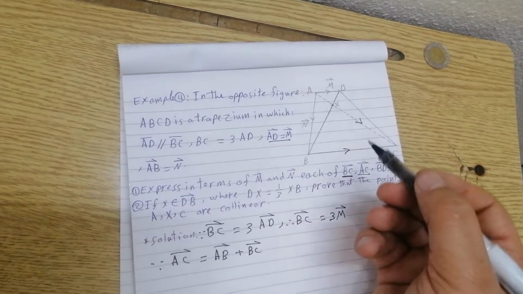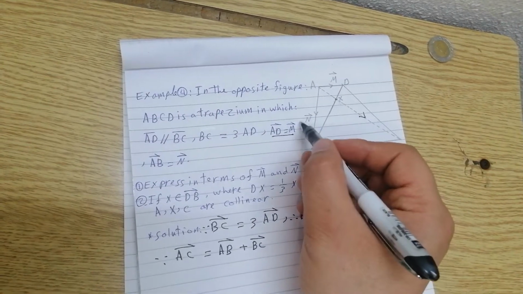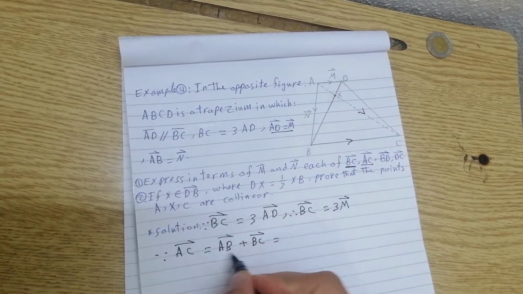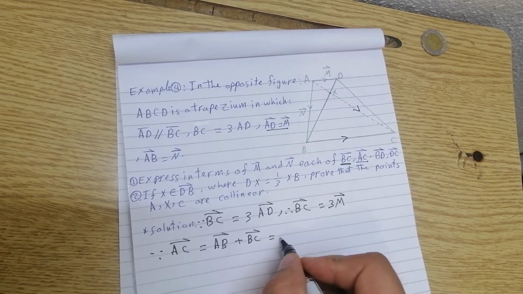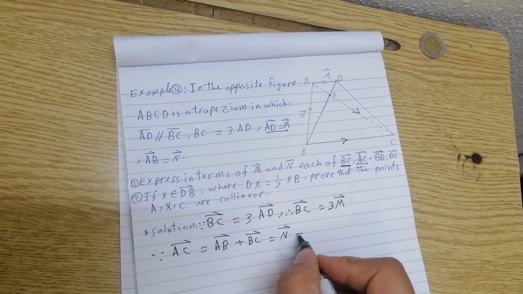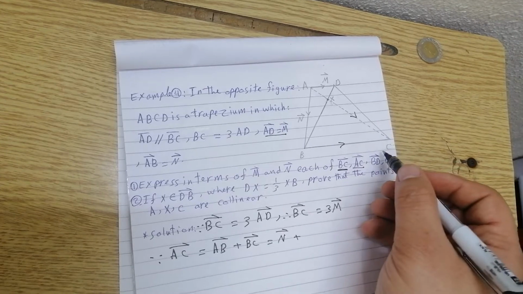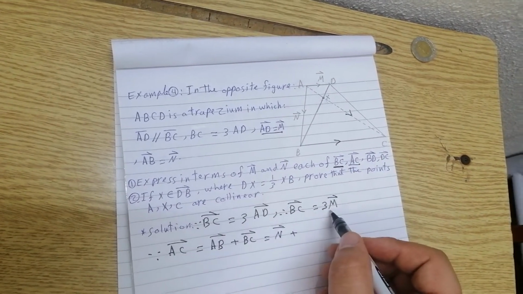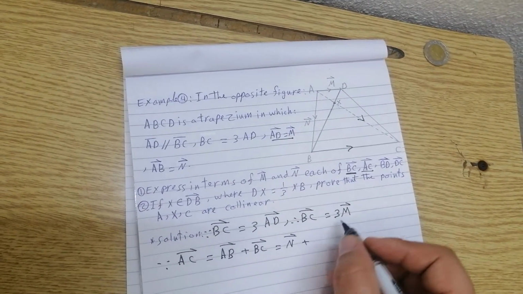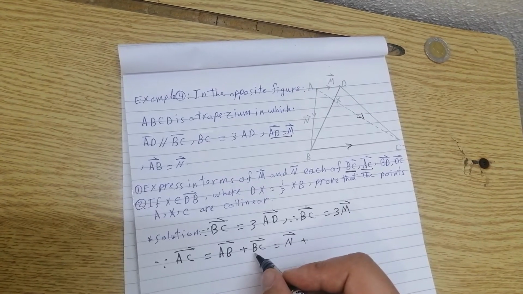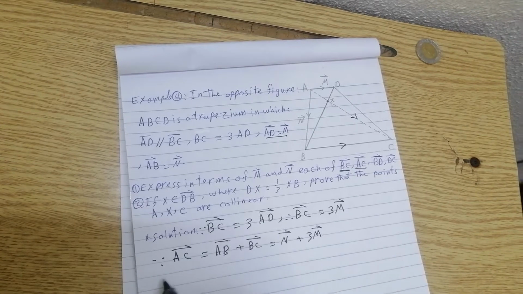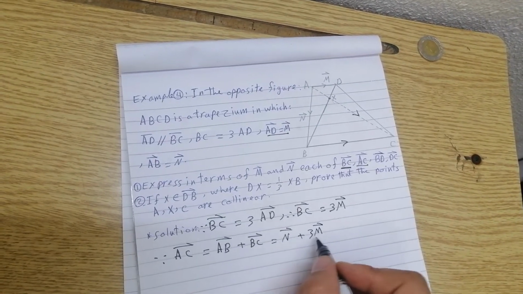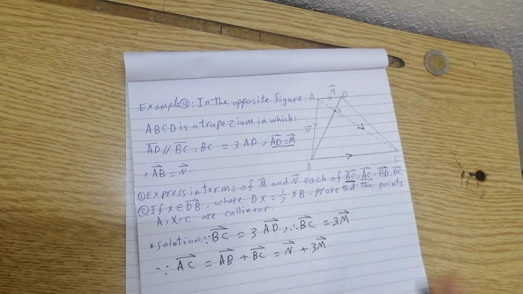But we have here AB as an n vector, so we can substitute for AB by the n vector plus the BC vector, which we have deduced previously to be 3m. We can substitute for it by 3m, and hence we have AC in terms of n and m vectors.